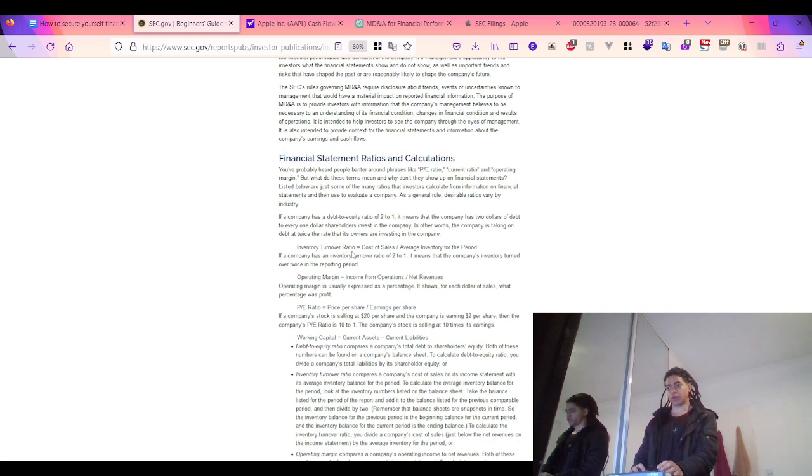Inventory turnover ratio: cost of sales divided by average inventory for the period.